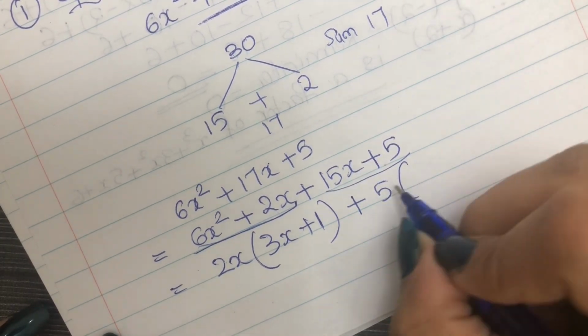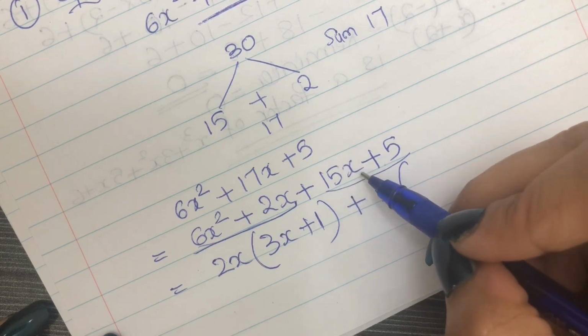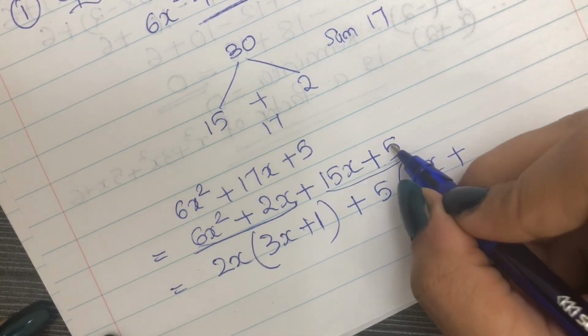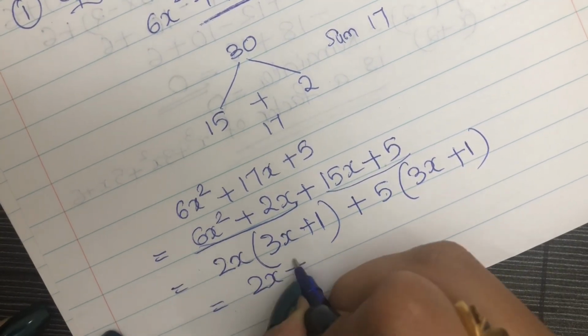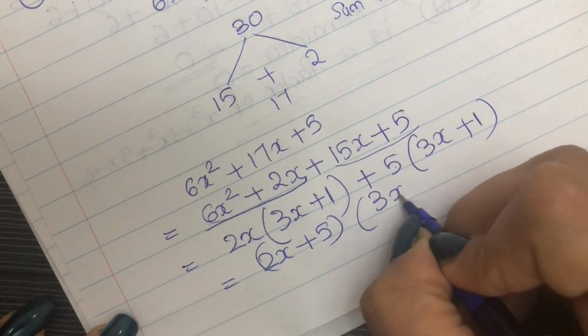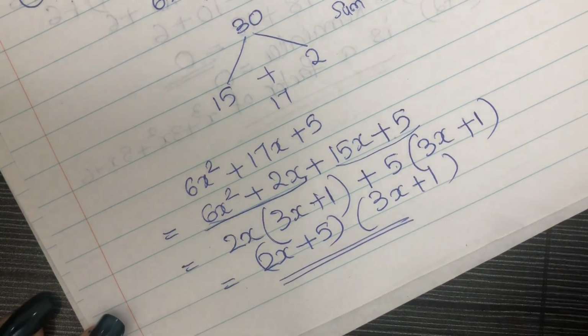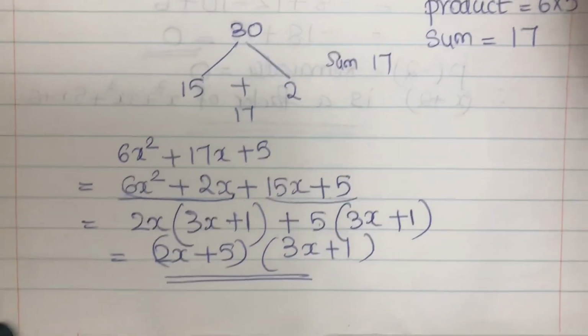When 5 goes from 15x, it will be 3x. When 5 goes from 5, 1. So it will be 2x plus 5 into 3x plus 1. This is how we factorize our polynomial.